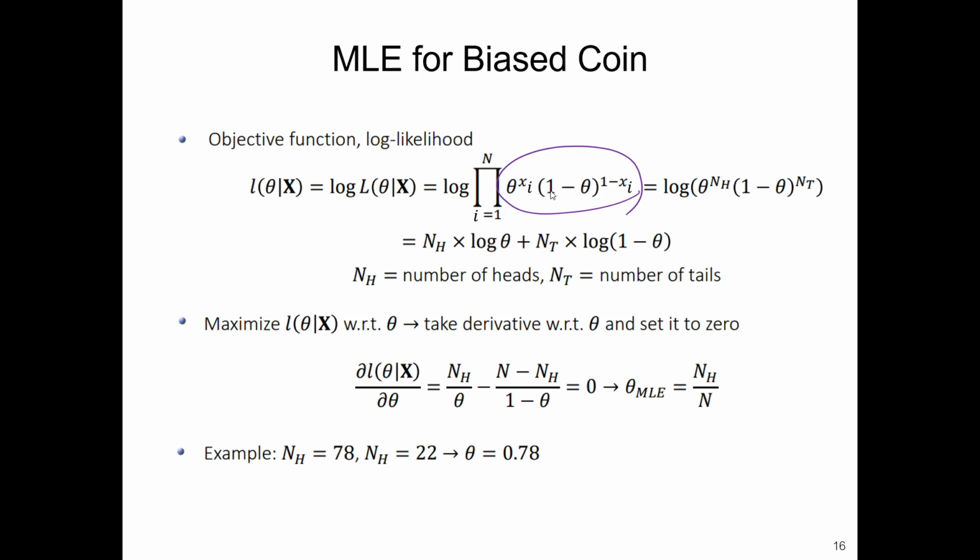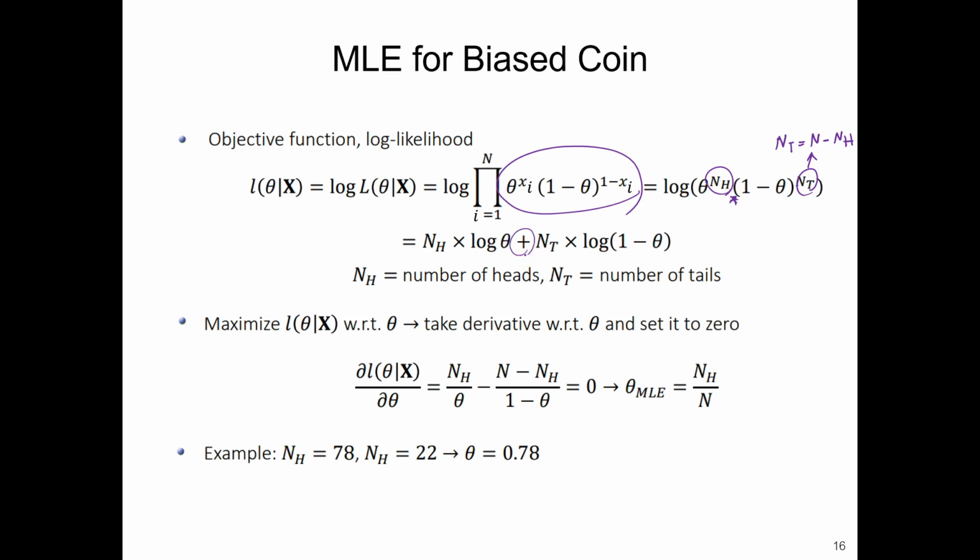And what do I do with the power? We sum them up, right? We sum up the powers. That's why I can see NH here. We already did this in our class. NT, I'm going to write as NT equals the total number minus NH. Log of A multiplied by B becomes what?